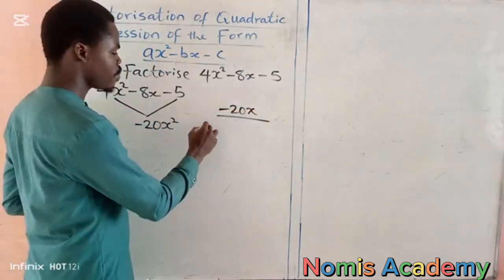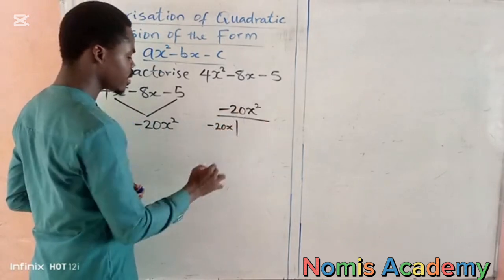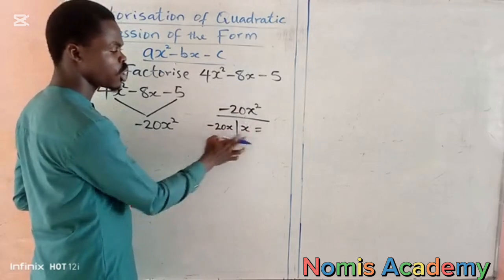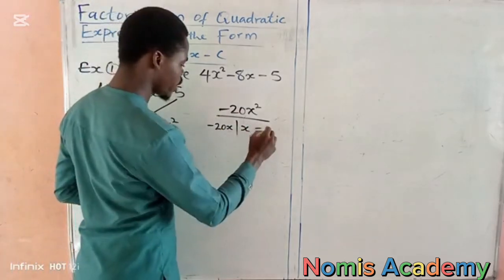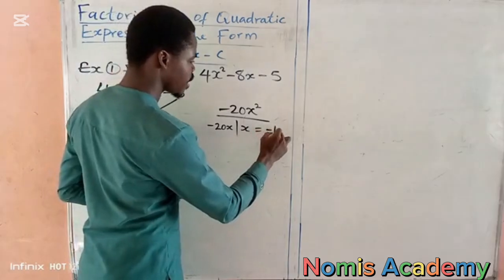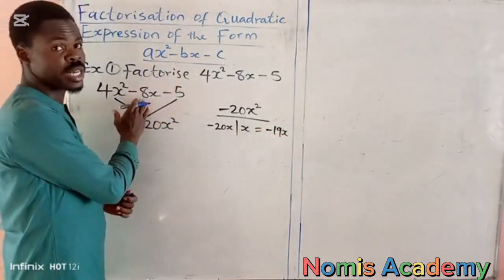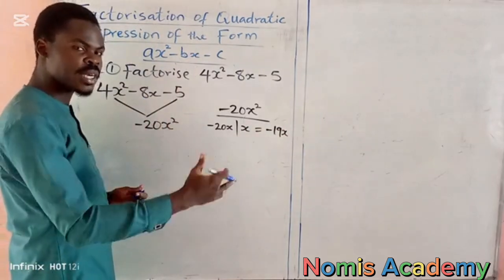Now, we can pick minus 20x and x. The product of these two factors will give us minus 20x squared, and then the sum will give us minus 19x. And this is different from what we are looking for. So we go further to find other factors.